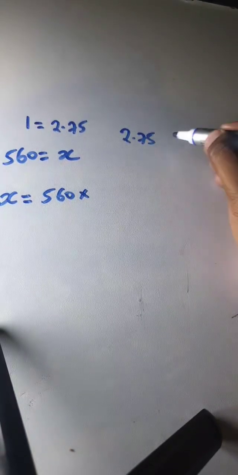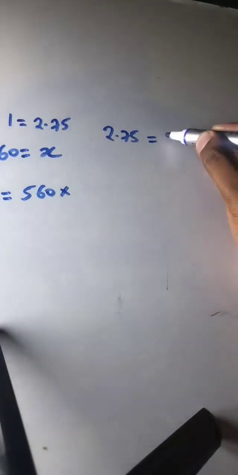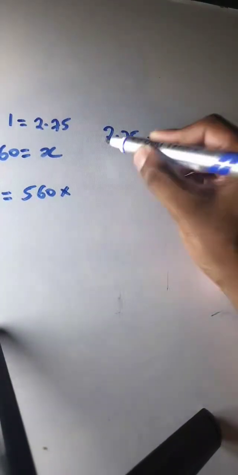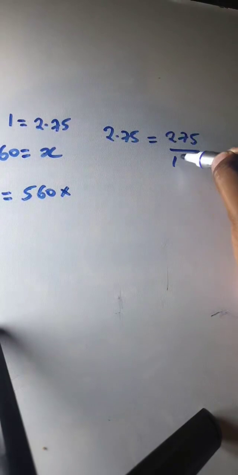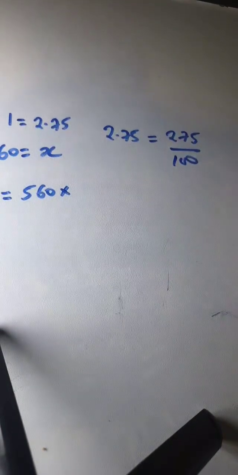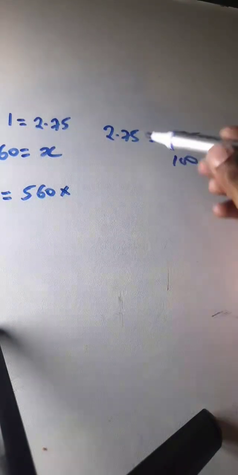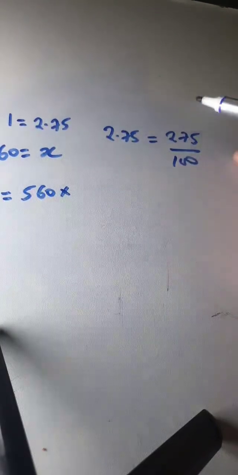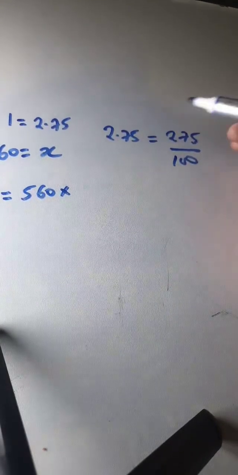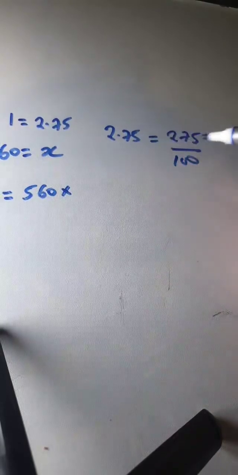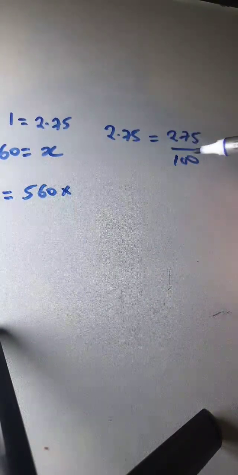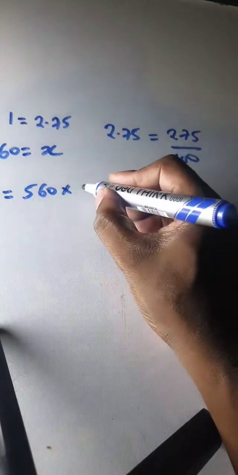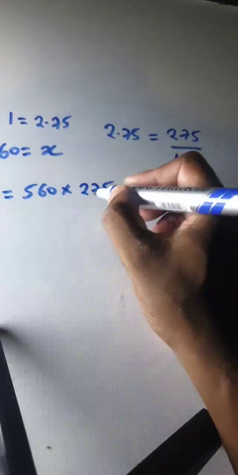Since it's in 2 decimal places, we remove the decimal point and divide by 100. A person who writes in decimals and a person who writes in fractions are talking about the same thing. So we'll change 2.75 into 275 over 100, to make our work easy.